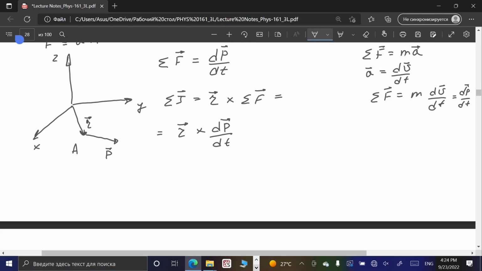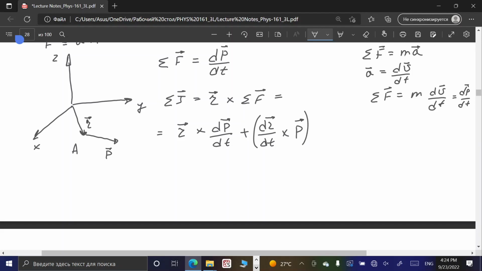So now what we can do here, I claim that if we add here dr over dt cross product p, let us put it in parentheses so we see what we added, nothing will change.